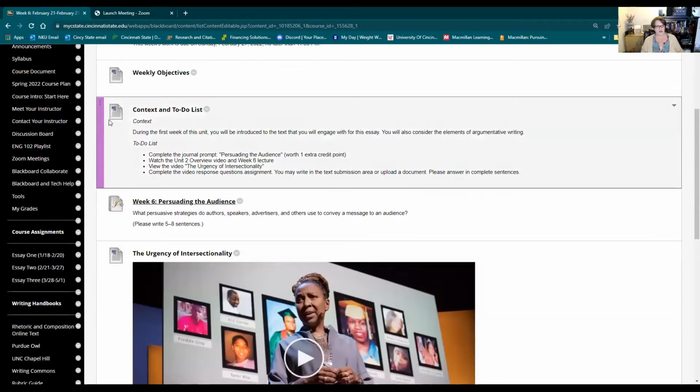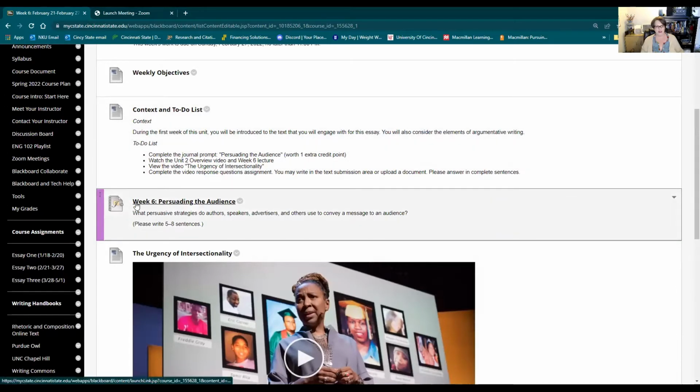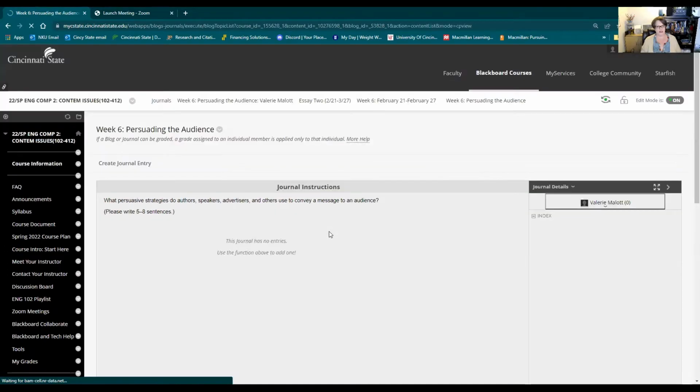So let's just take a look at the to-do list for this week. I have an extra credit journal prompt, and I would encourage you to do it because I want you to start thinking about how we as writers, as authors, and as speakers, use persuasive strategies to convey a message to our audience. Those of you who take part in this journal, you just click on the link to the journal.